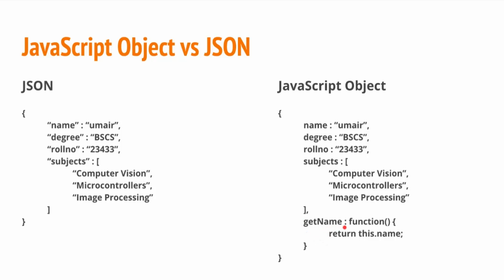As I mentioned earlier, we can't have a function in JSON, but we can have a function in JavaScript objects. In order to get the name from that JavaScript object, we can define a key that refers to a function, and inside the function I'm returning the name key, and it will return the value of the key name.